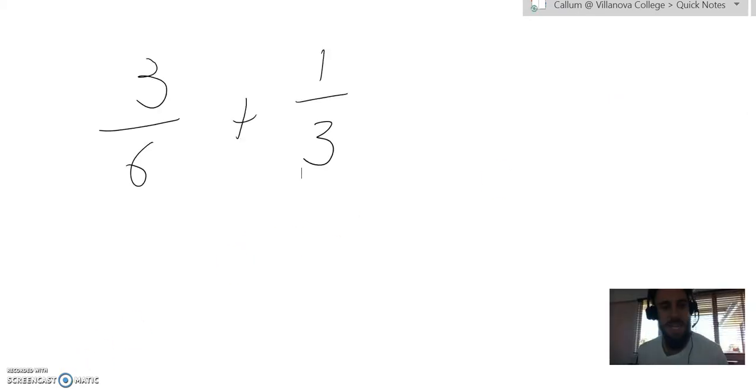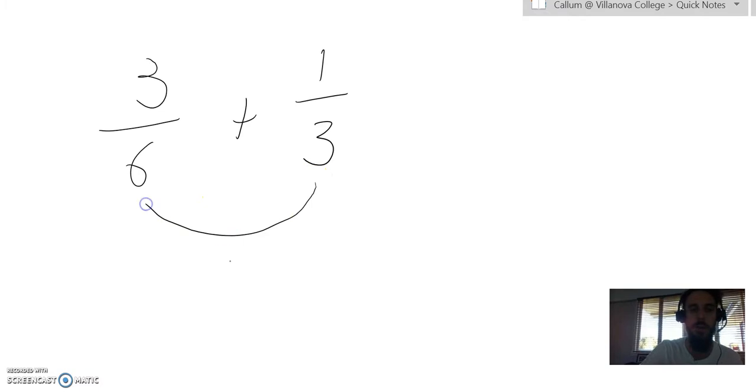Let's start with a bit of an easier example of the strategy in action. If we're looking at something like 3/6 plus 1/3, we know that we can't actually do any addition just yet because the denominators are different. So if we're looking to add these two together, we have to get them to an equivalent denominator. So the first thing you need to do is look at the numbers and look at the 3 and ask yourself, hey, how can I get 3 to 6?